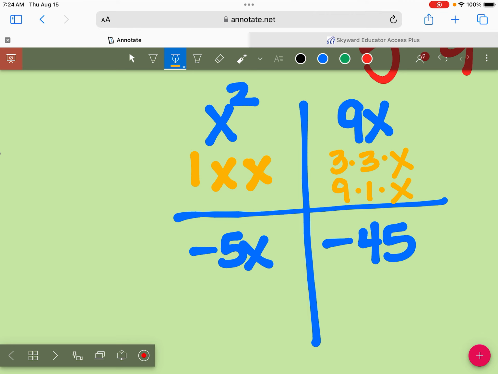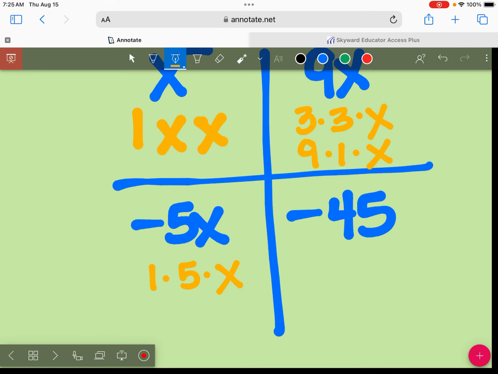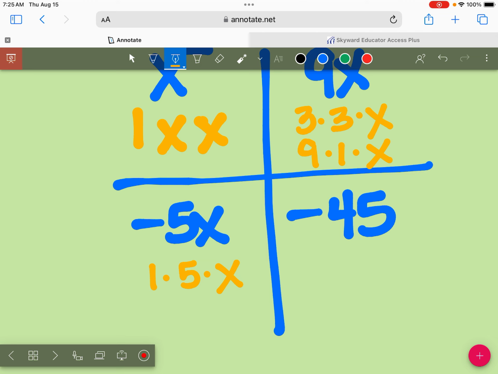For the 5, the only thing that can multiply to give you 5 is 5 times 1, or 1 times 5. And then for 45, you have either 1 times 45, or 3 times 15, or 9 times 5. All right, so now that we have that copied down, and again, this is just for those who struggle with factoring. This might help you.